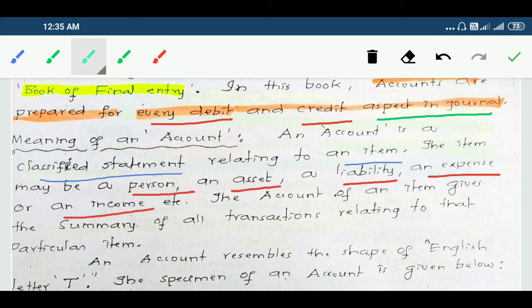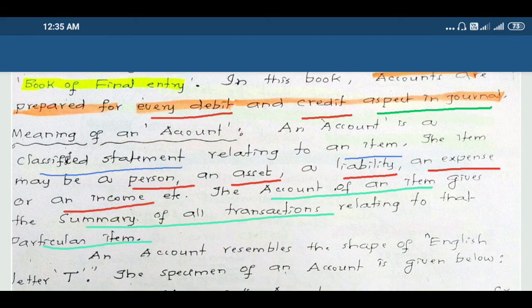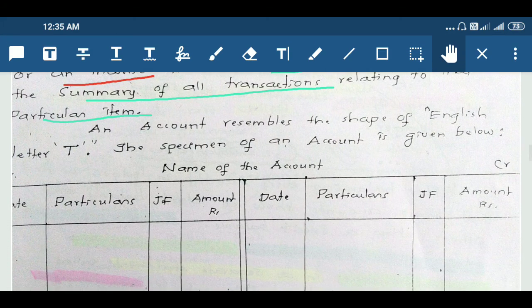So ultimately, the account of an item gives summary of all transactions relating to that particular item. For example, salary account.